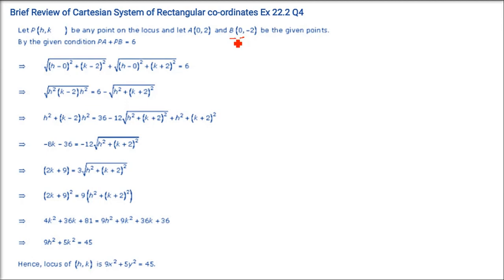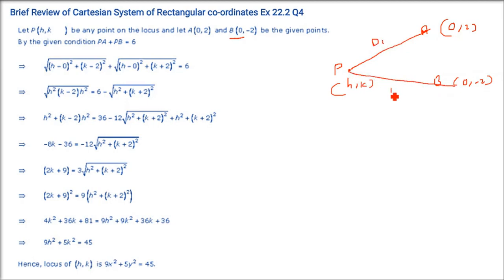Let us take a point P and we always take it as h, k. There is one point A (0, 2) and a point B (0, minus 2), and this distance is d1 and this is distance d2, and d1 plus d2 is given as 6.